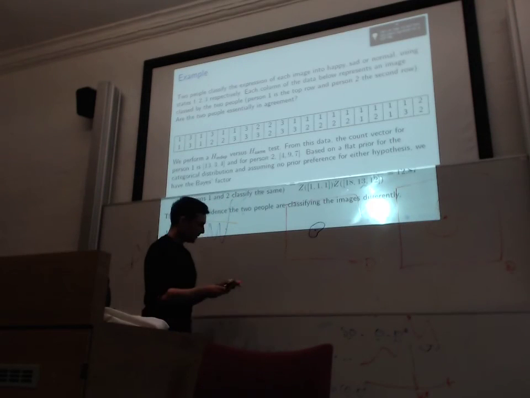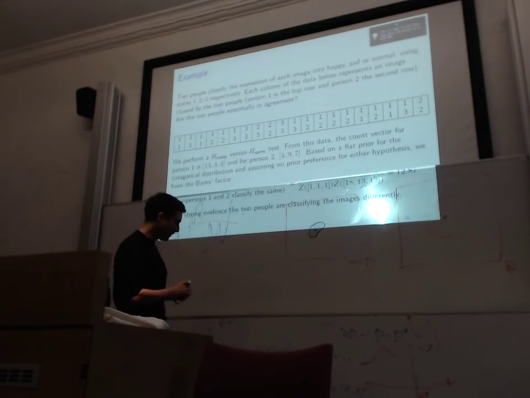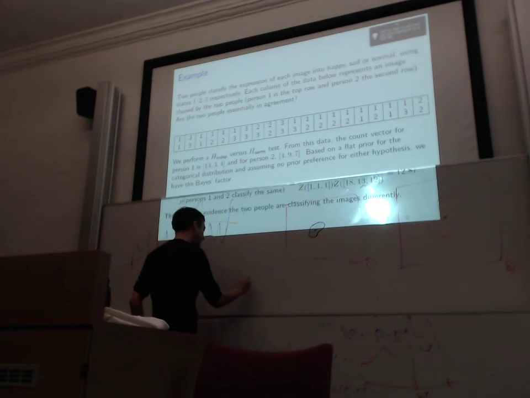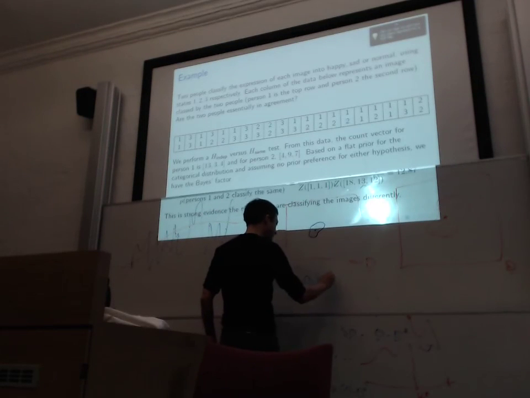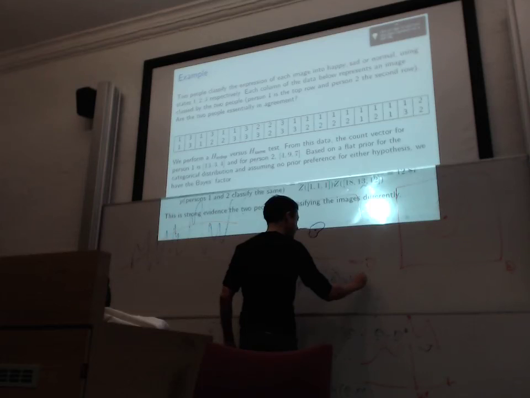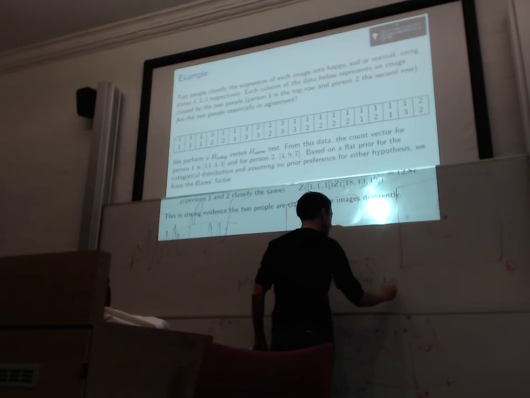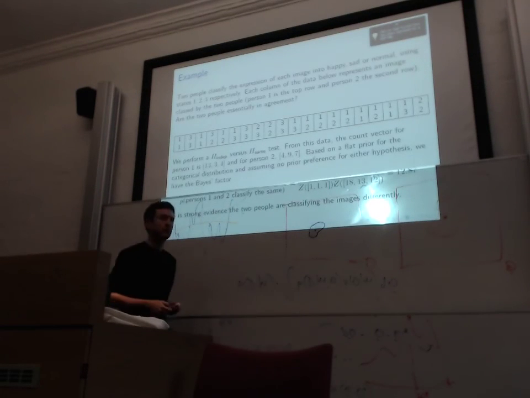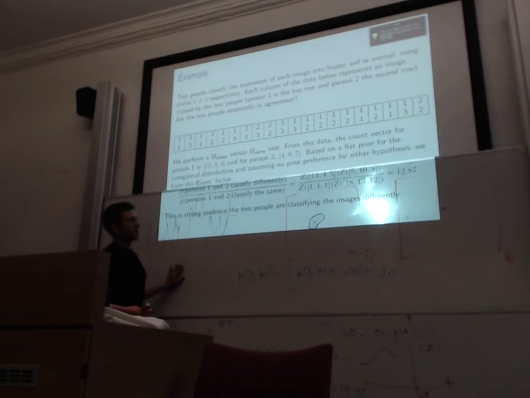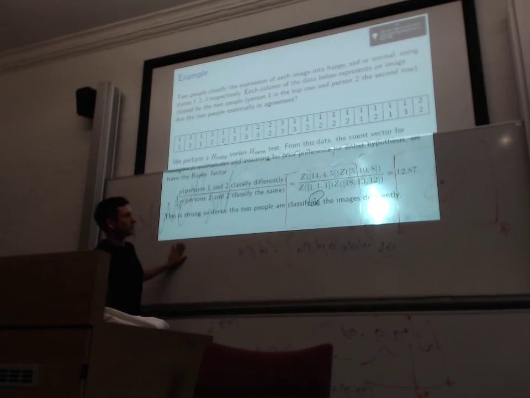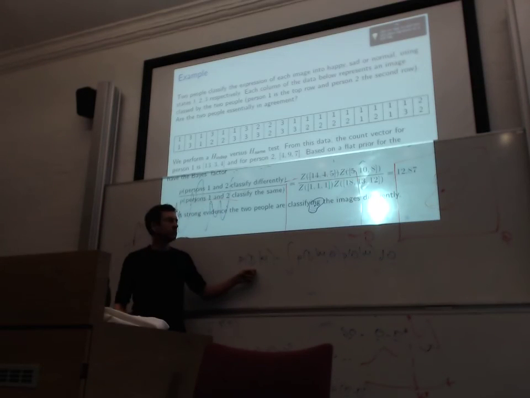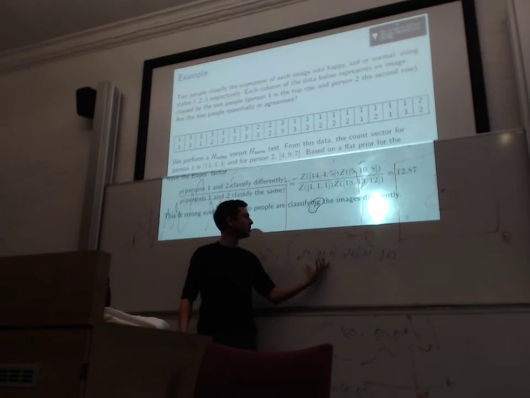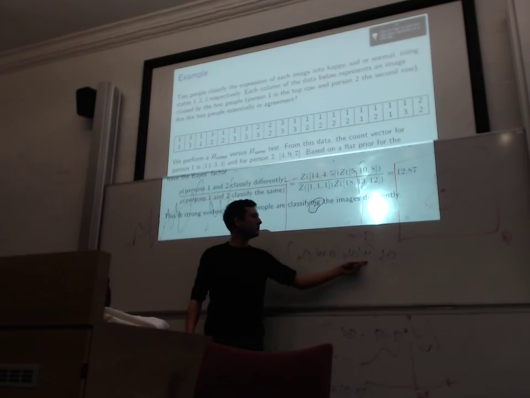So now let's just remind ourselves. What is the probability of the data given the model? It's the integral of the probability of the data given the model and theta, times the prior of theta, d theta. So what this is saying is that the likelihood for the model is essentially the average volume.